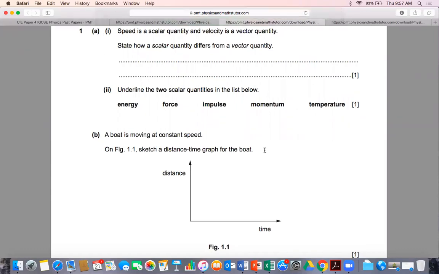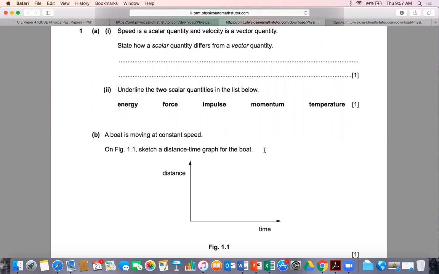Next, underline the two scalar quantities in the list below. Energy and temperature. Air resistance, what is the direction?